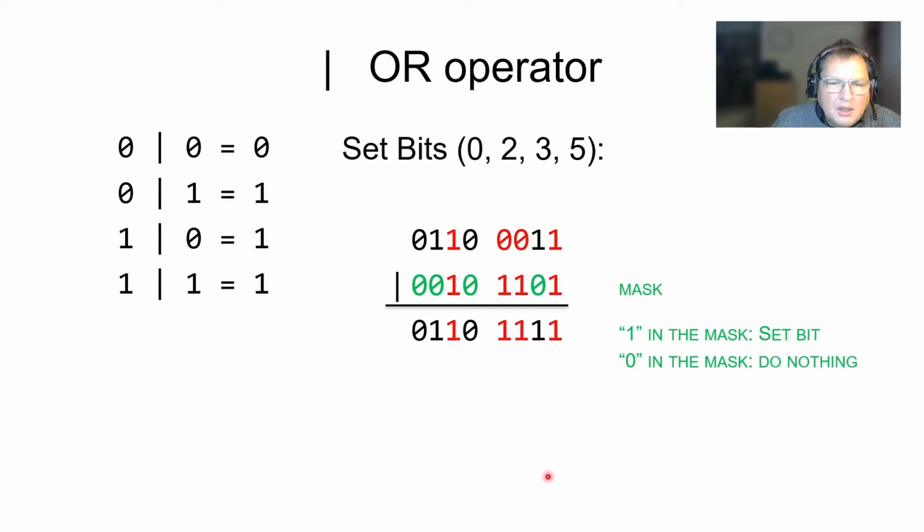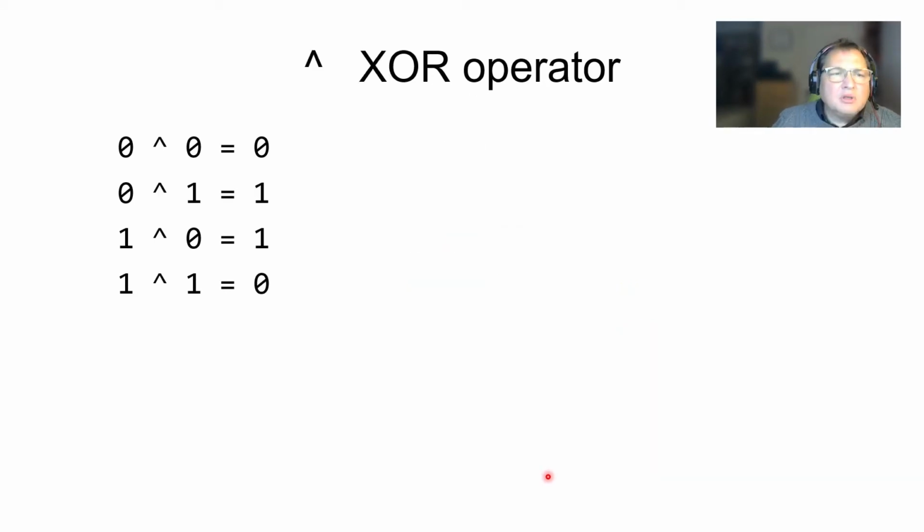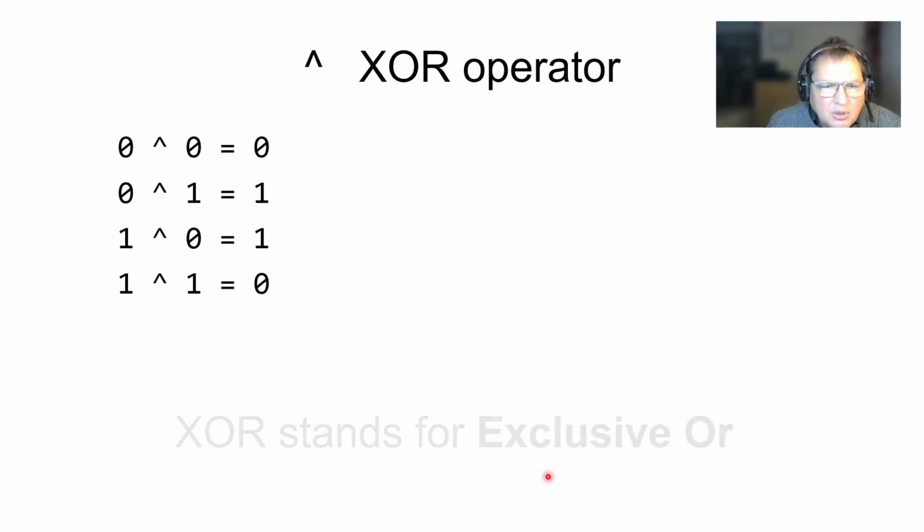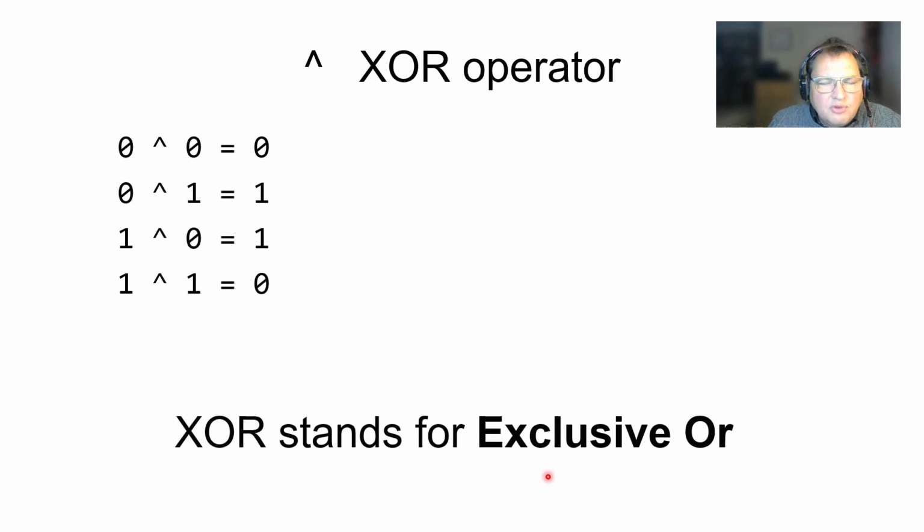Therefore, the mask means that we can choose individual bits to be set to the value 1. And a very similar situation we have with the XOR operator, which, by the way, stands for exclusive OR. In logical terms, this means either one or the other. So if we have none of them, like 0 XOR 0, the value of the XOR operation is 0.